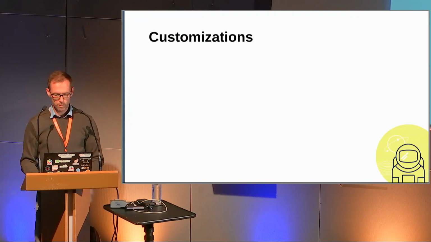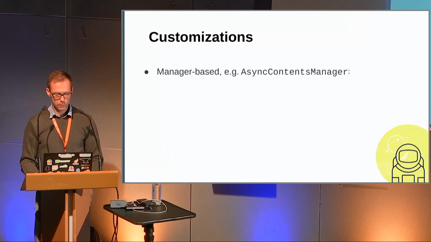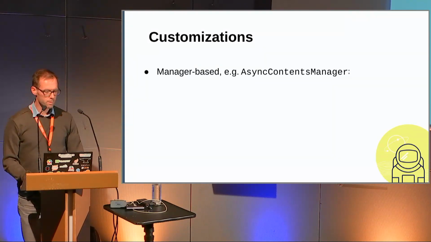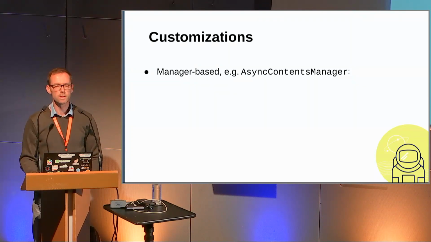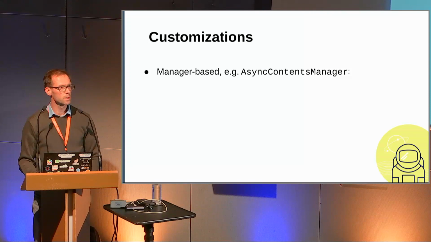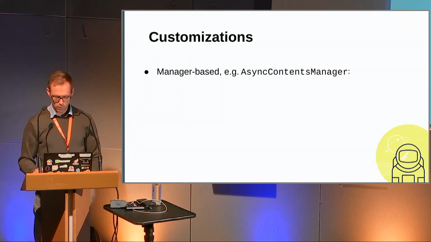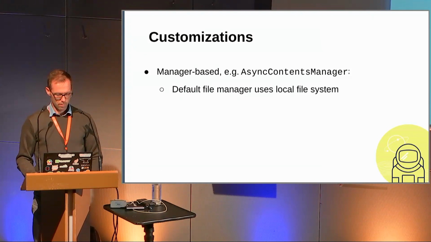You can also customize Jupyter Server. So Jupyter Server is manager-based. For instance, the contents manager is the manager responsible for accessing files. So it's an async one. And the contents manager that is shipped by default in Jupyter Server manages your local file system.